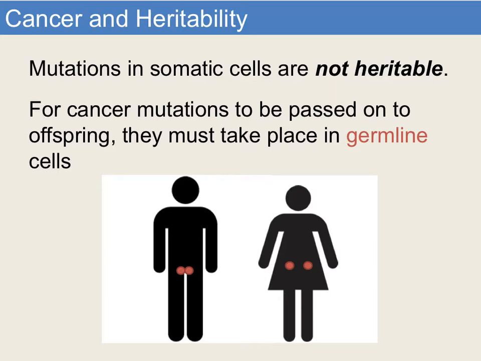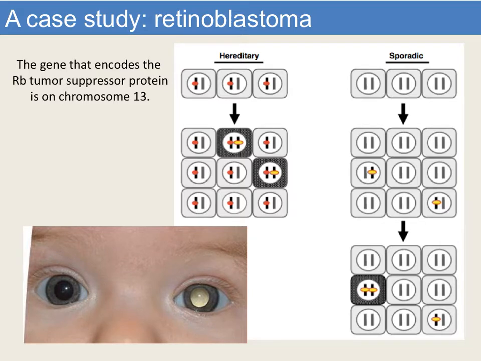Whereas if you have one bad copy and one good, in areas where there's lots of malaria, it actually protects those people from getting full-blown malaria. So in terms of germline, the only way things are heritable, like sickle cell, is through mutations that are passed from one generation to the next through the sperm or the eggs.